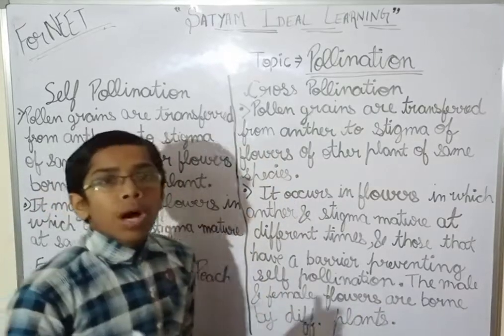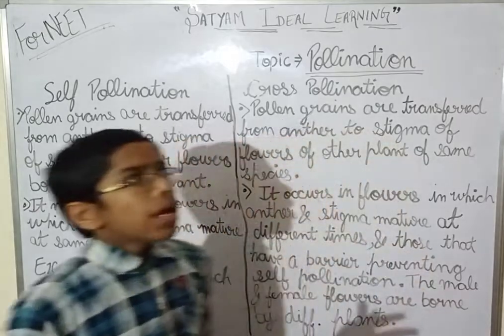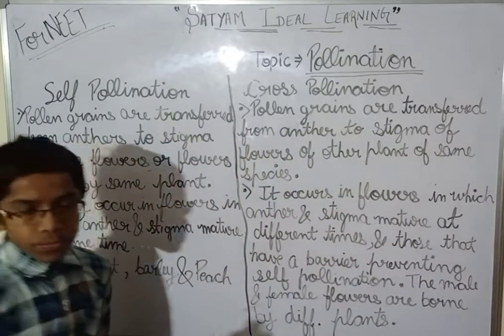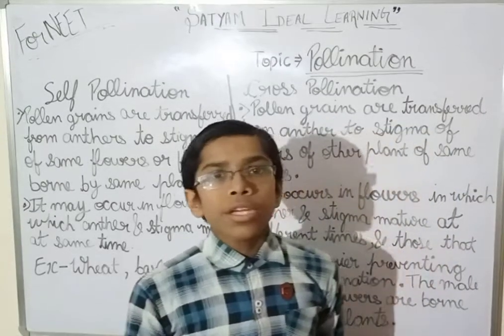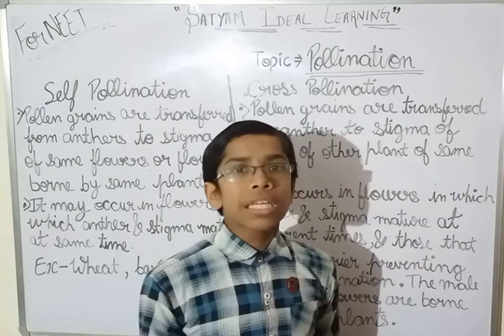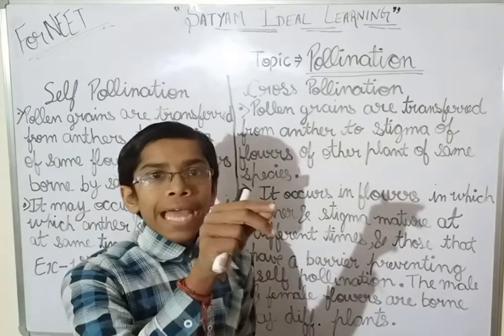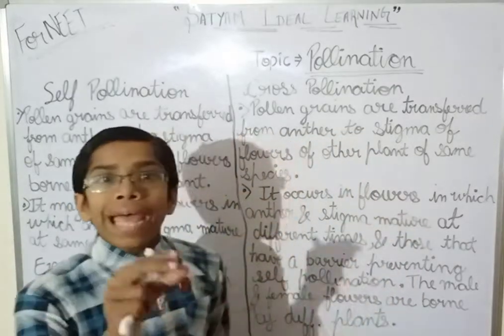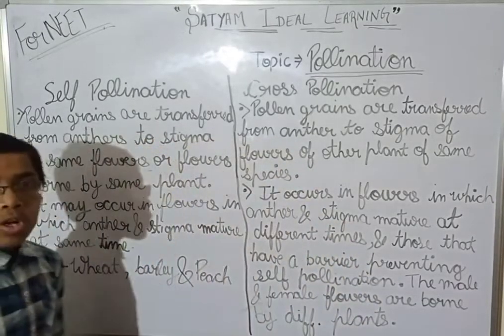Androecium consists of stamen. Stamen is the same as androecium, so you can say androecium or stamen. Stamen consists of a filament and an anther, and the anther has dusty pollen grains, as you already know.